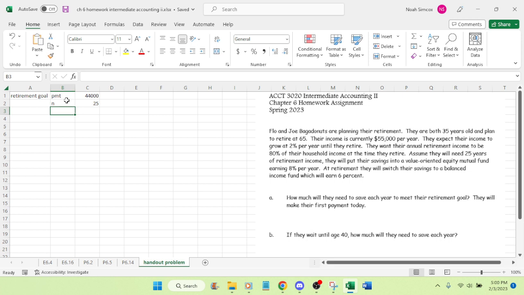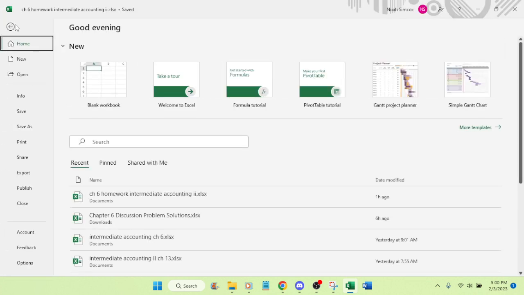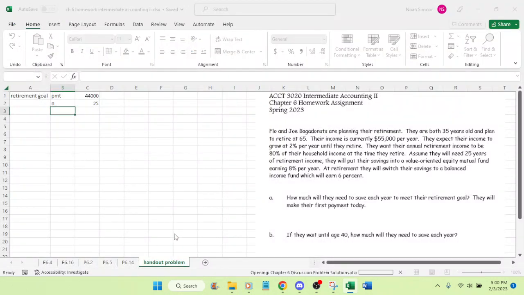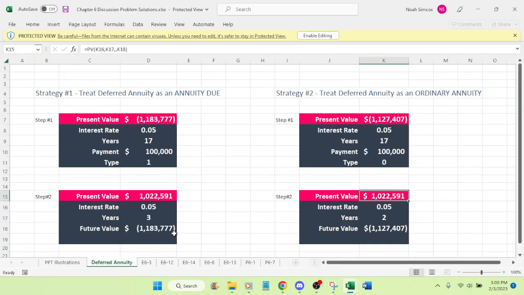Wait, hold on a second. It says that their income is going to grow at 2% per year until they retire? Wait a minute. I can't just do 80% of 55,000? Wait, here's what I'm going to do. I'm going to open my other document I had, where I typed out an explanation of the problem, so I don't have to figure it out myself. That was funny.